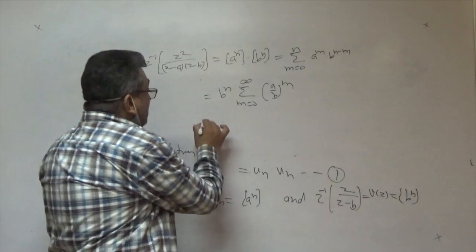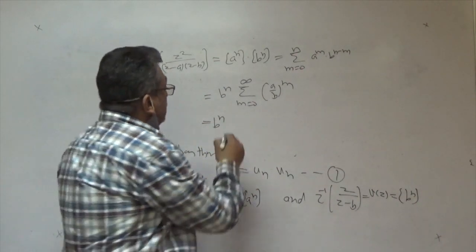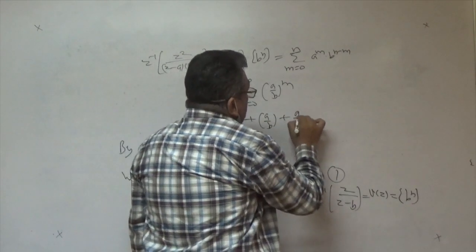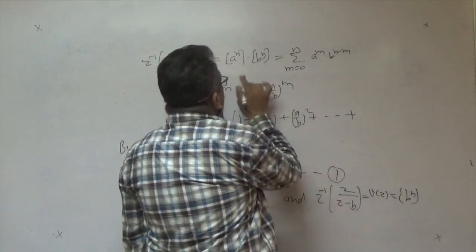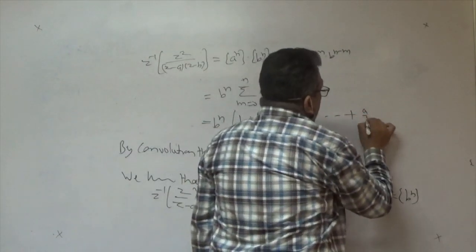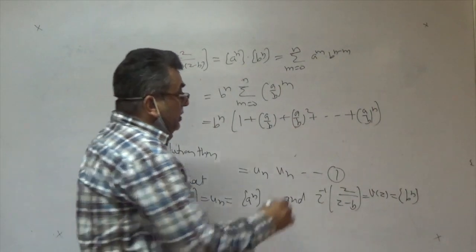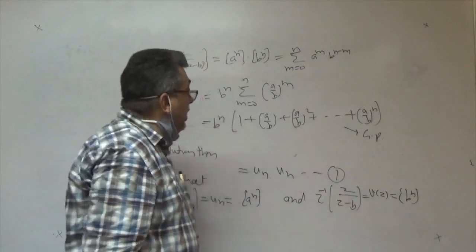If you expand this series by putting values of m equal to 0, 1, 2, 3 and so on, we get 1 plus A upon B plus A upon B square and so on, up to the last term A upon B to power n. So here there are n plus 1 terms, and you know that this is a standard GP with common ratio A upon B.